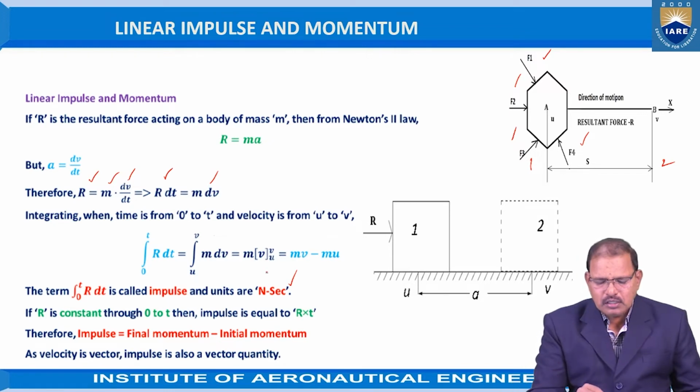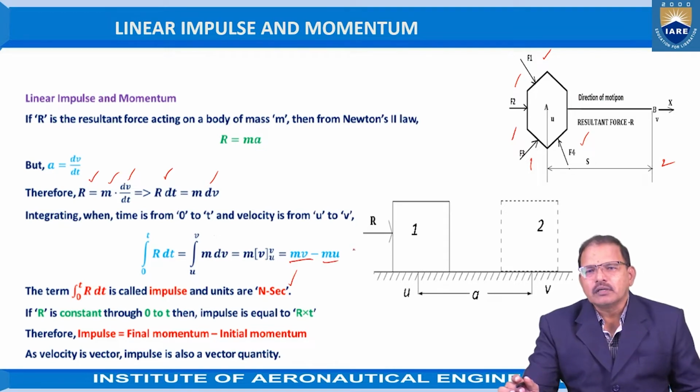And the integration of m into dv from the limits u to v is equal to mv minus mu. This m into v is called the momentum possessed by the body when it is in motion.